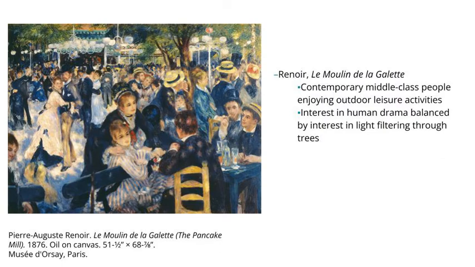This is Le Moulin de la Galette, which is a sort of massive crowd shot of a bunch of contemporary middle-class people enjoying outdoor leisure activities. And this interest in human drama is balanced by interest in very visual qualities, such as the light filtering through the trees.